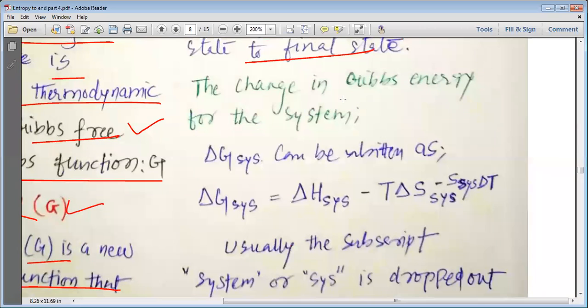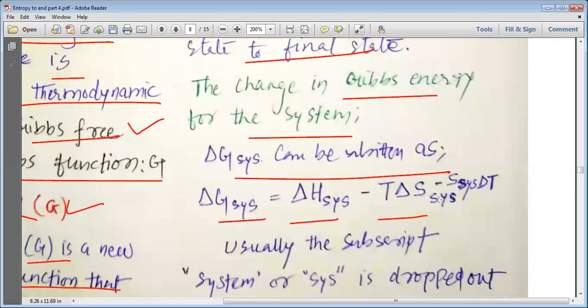The change in the Gibbs energy for the system, that is delta G system, can be written as delta G system is equal to delta H system minus T delta S system. You know that G is equal to H minus TS. Now if you put delta on both sides, what do we understand?